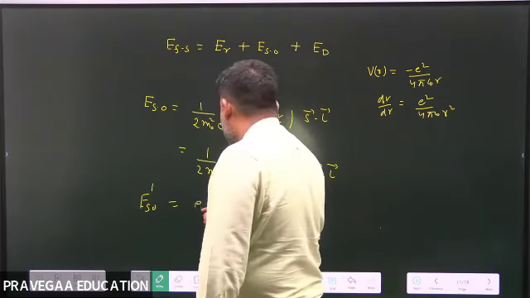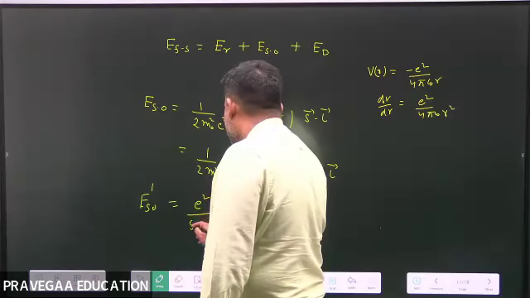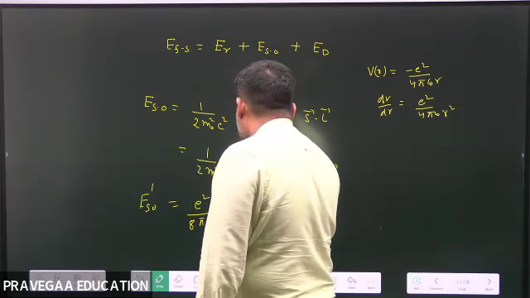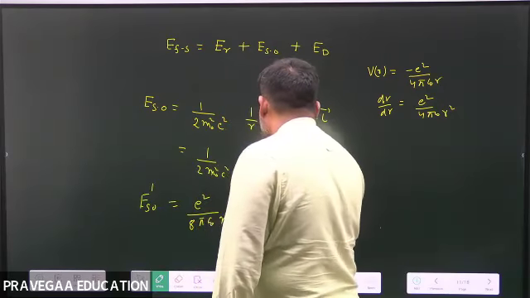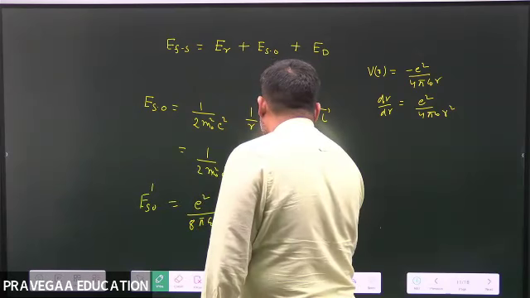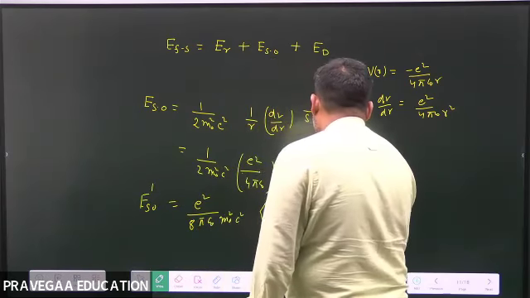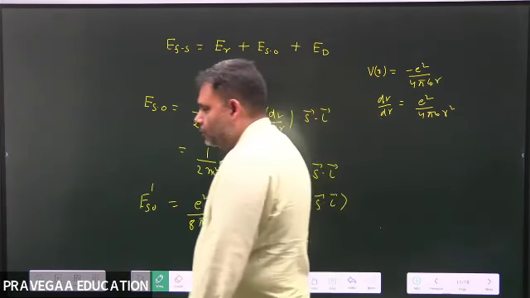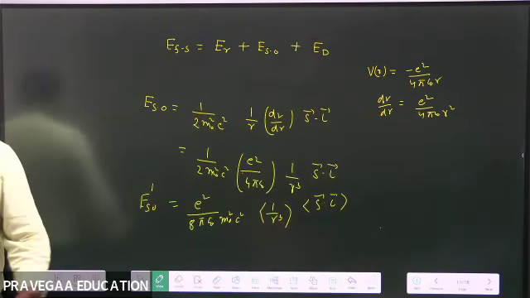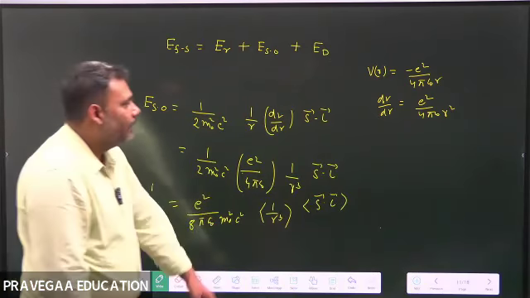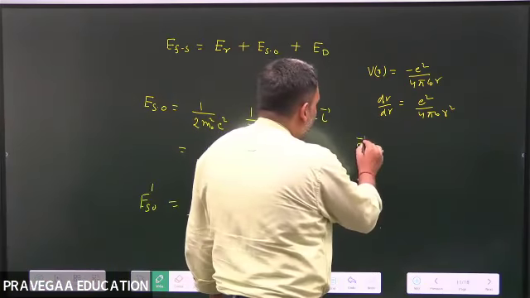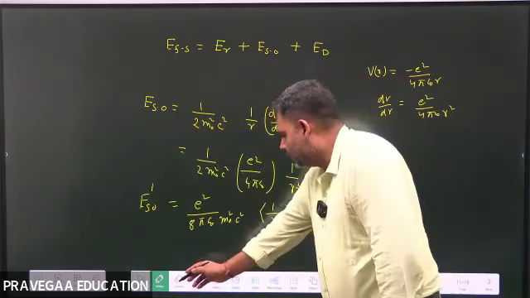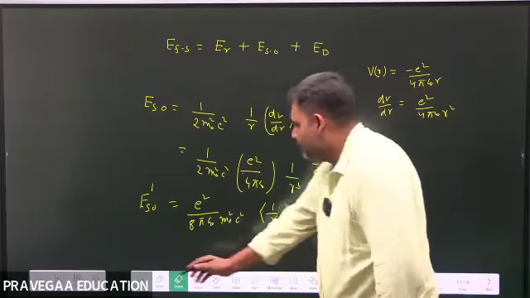That value is equal to e square upon 8 pi epsilon naught m naught square c square, and you have to go for the average value of 1 upon r cube and the average value of S dot L. Again, this S dot L we can easily calculate. This is all due to the spin-orbit coupling.